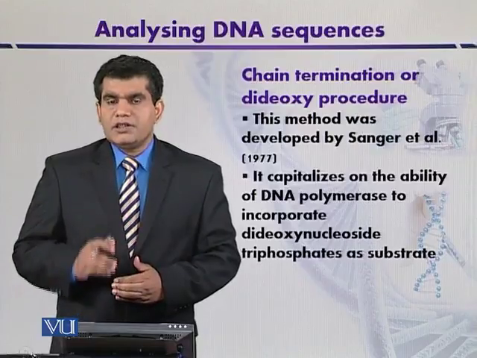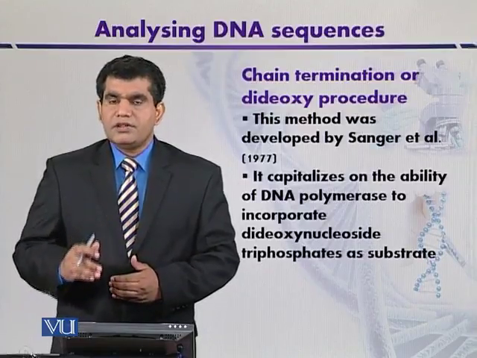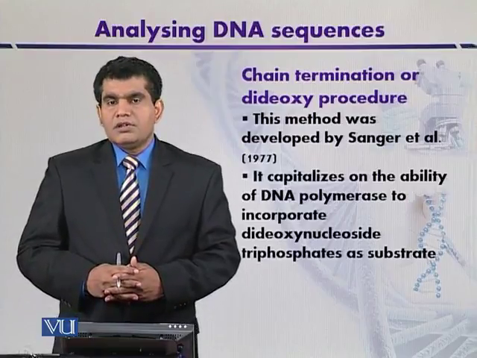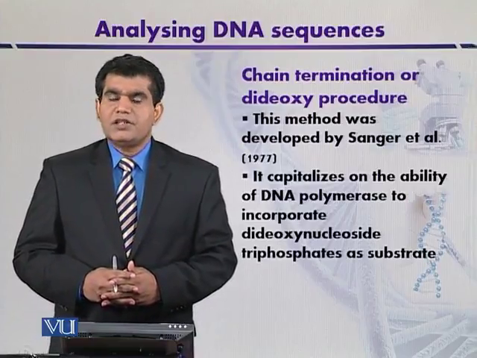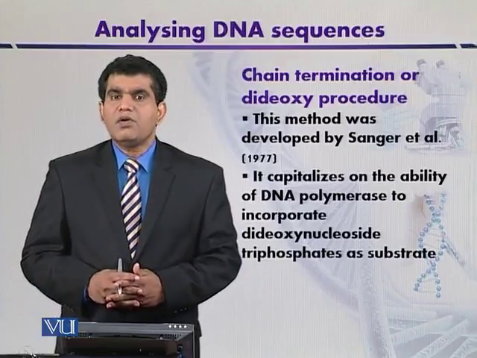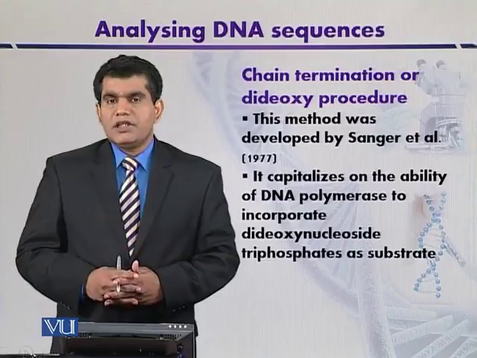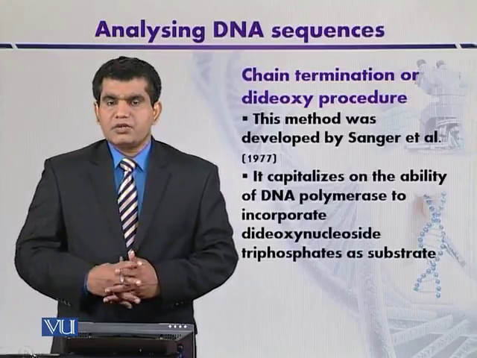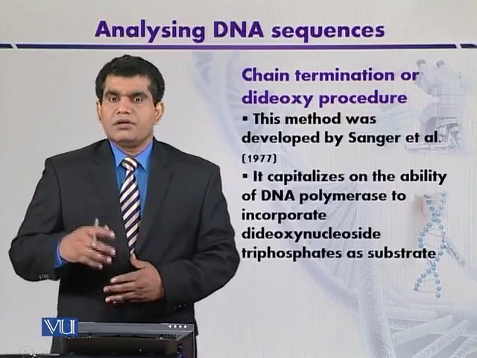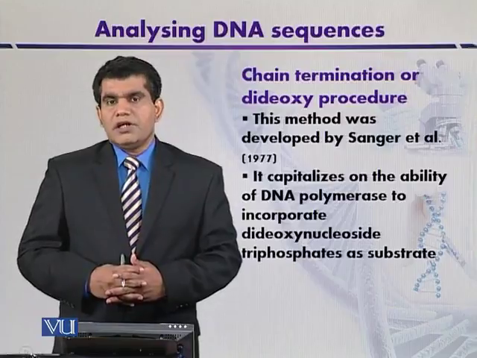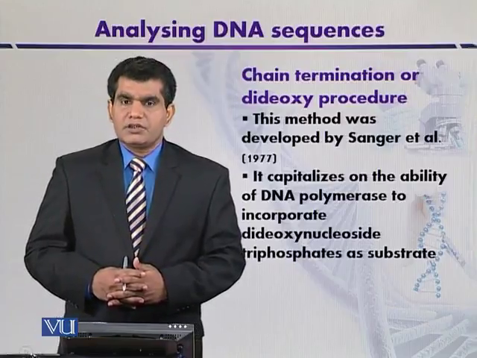But as soon as it is inserted, the further addition of nucleotides is stopped. The reason is that at the 3' position of dideoxynucleoside triphosphate, the OH group is missing, which will not catalyze the next reaction. Because of this, in the newly synthesized DNA fragment, the addition of new nucleotides is stopped.